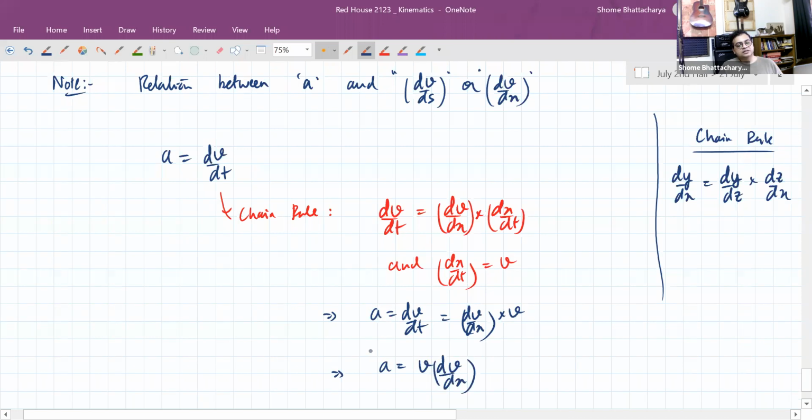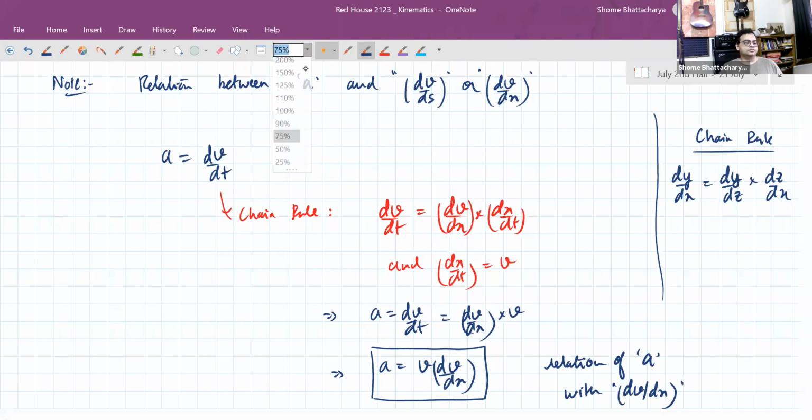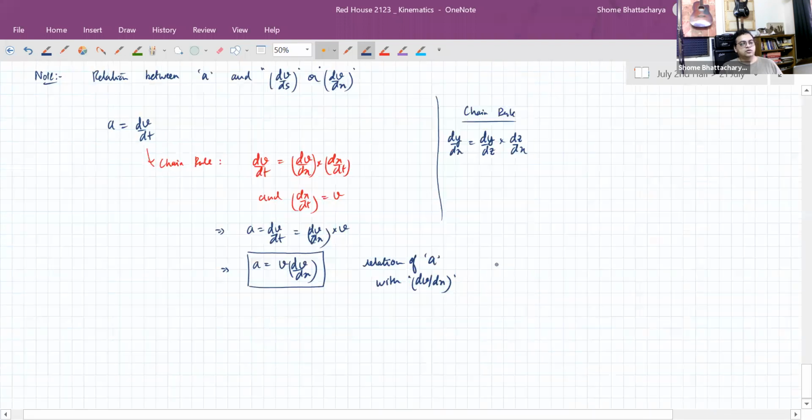This is an additional mathematical relation, the relation of A with dv by dx. Or we can say that A is equal to v dv by ds using the same relation.